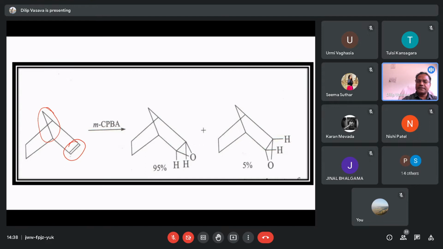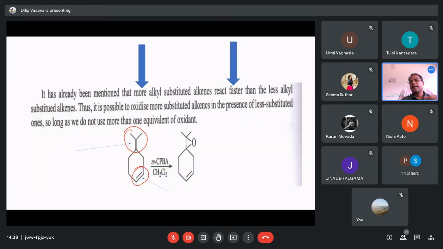But in this case, if you look, two substituents are there, and one double bond is inside the ring. More alkyl substituted alkenes react faster than the less substituted double bond.